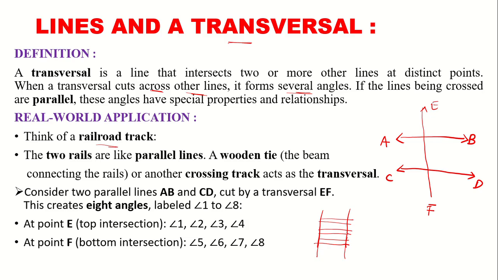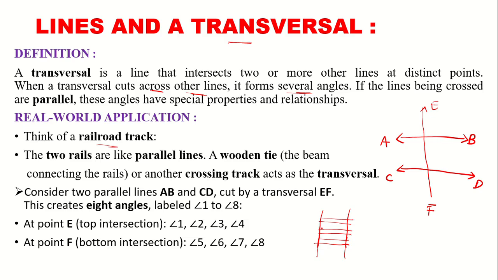These wooden ties are crossing the track and they act as transversals here. In the same way, when the transversal crosses two parallel lines, they form different types of angles.